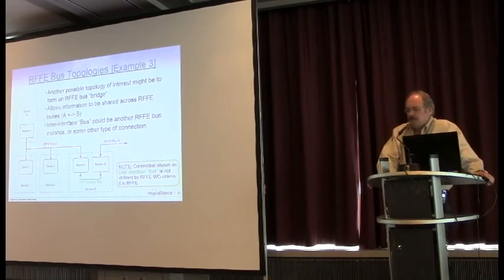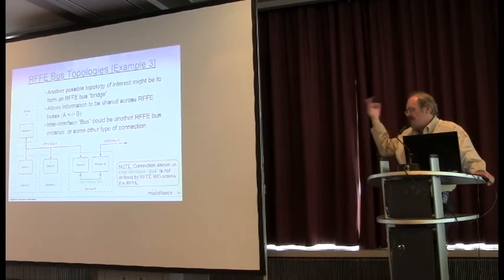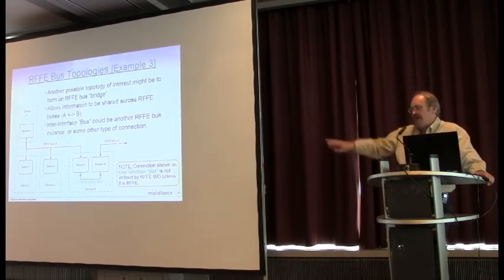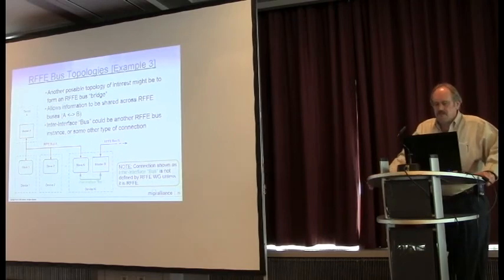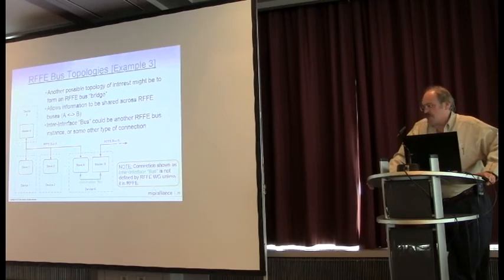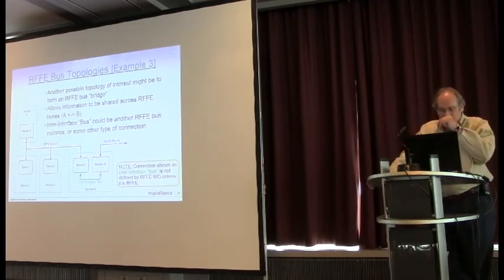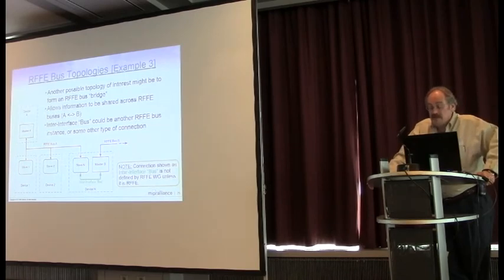Another example that could exist would be perhaps an inter-bus communications interface between one of these devices. Perhaps instead of a second slave, there's a master located out there connected to a different RFFE bus, and you want to have data available to go between the two different instantiations of the bus. This is possible, although again, in this particular case, this bus, unless it was RFFE, would not be controlled or mandated by RFFE, so people would need to work out the details of that, but they're fully free to do so to the extent that it doesn't perturb the operations of either RFFE bus.